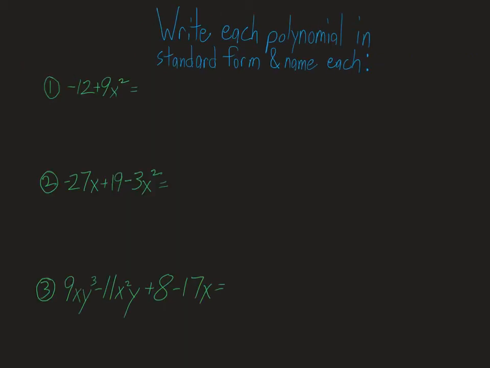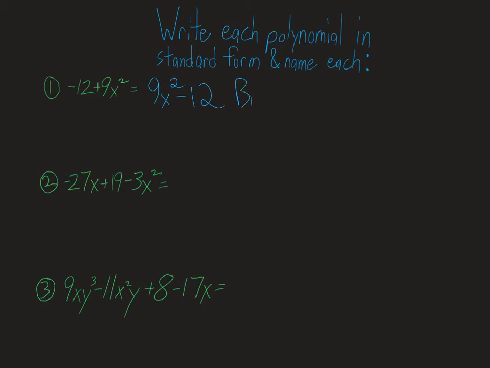All right, why don't you rewrite those into standard form and tell me what they are in terms of size. Monomial, binomial, trinomial, go. Pause it. All right, let's take a look. This one I'm going to rewrite as the 9x squared first, and then the minus 12. Real easy.